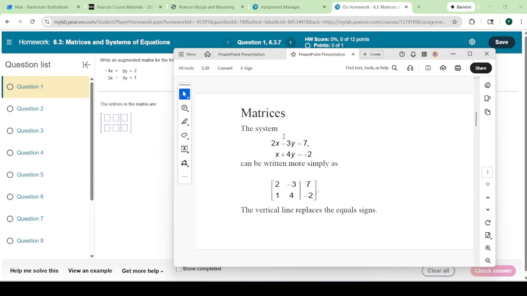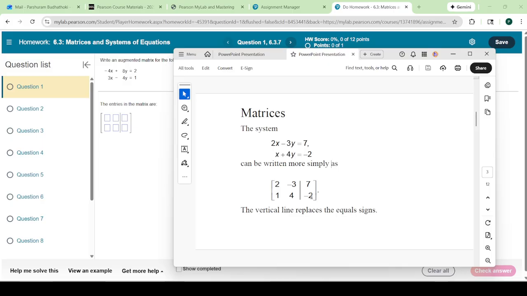So let's say one example is this system of equations. We can write down this system using only the coefficients of the variables and the constants. The coefficient of x is 2, the coefficient of y is -3, and the constant on the other side of the equation is 7. So this first row comes from the first equation.